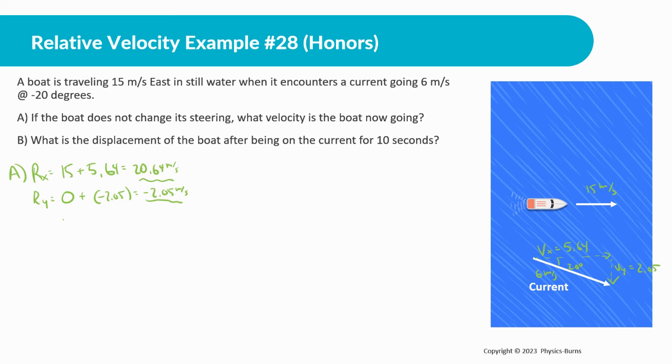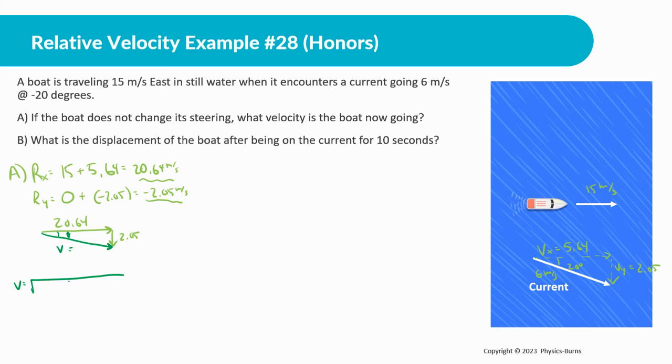Okay, now we could use some vectors. So we have 20.64, and then we have 2.05. That goes down. So the resultant vector, or the velocity, is this right here with the angle. Okay, so we can find the velocity.